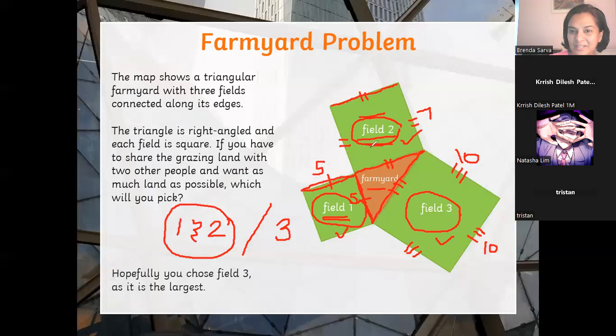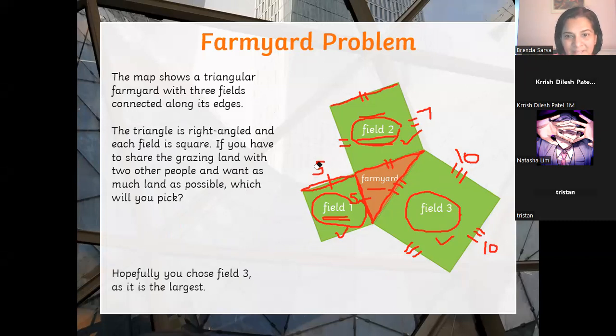Yeah, Natasha, you think that they're going to get more field, more grass here with 1 and 2? Krish says, same amount. Natasha says, she's thinking, guys, this is your theorem Pythagoras. Now, Mr. Pythagoras says what? He says that, okay, let me erase and make it a bit beautiful, okay?